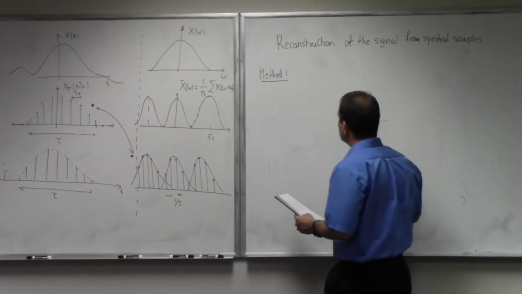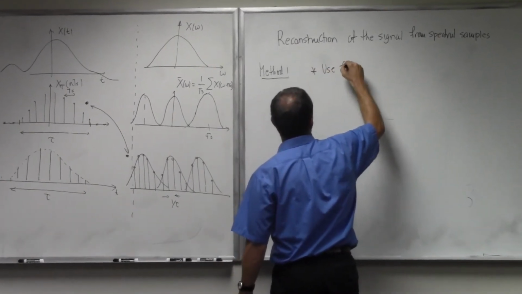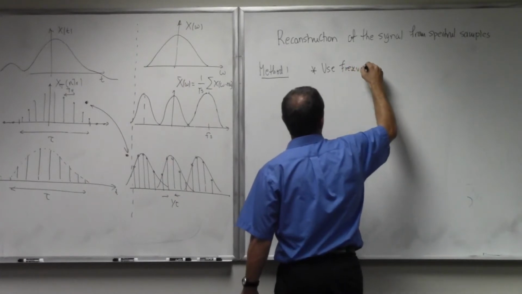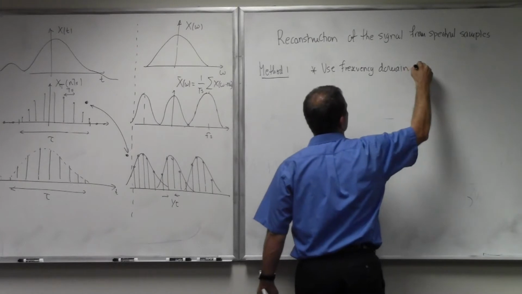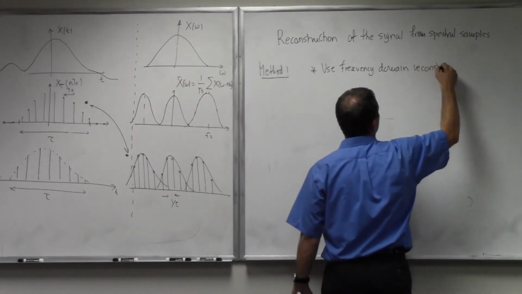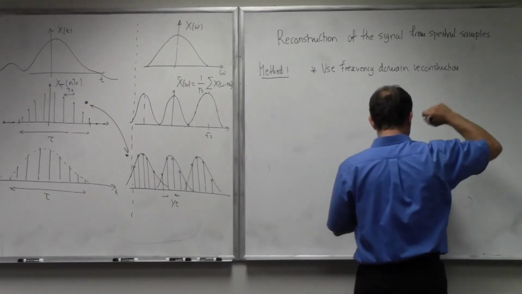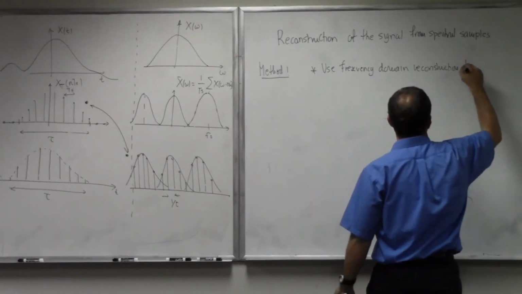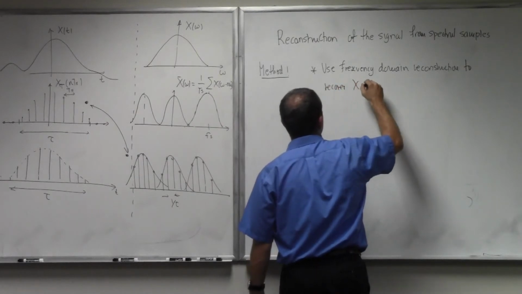The first method says, well, use frequency domain reconstruction to recover x of omega.